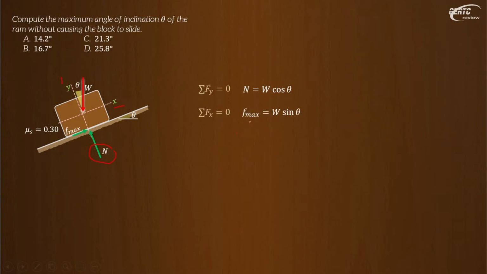F max is equal to mu N, since we will be using the maximum available. So mu s N is equal to W sine theta. Since we already know the value of N from the first equation, we substitute it, and we can cancel W. Cross multiplying, this becomes sine over cosine, or tangent theta, equal to mu s, or theta equals arctangent of 0.3, which is 16.7 degrees.